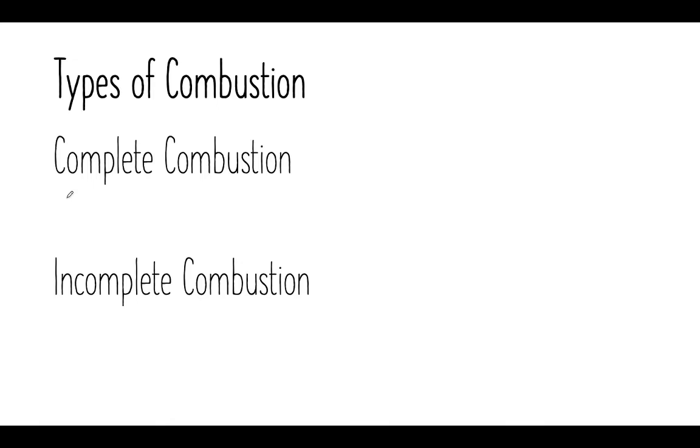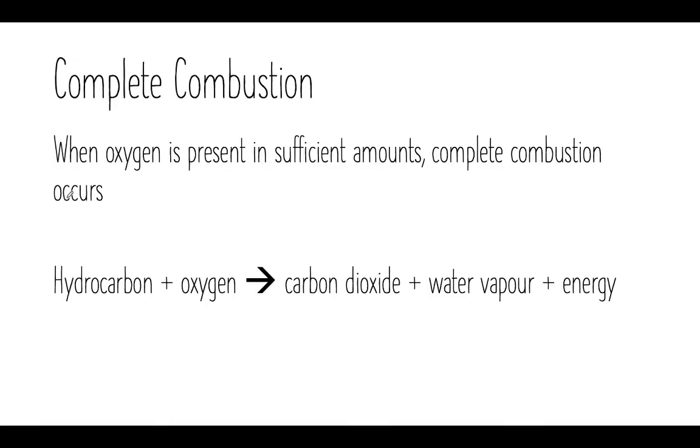But let's start with complete combustion. So even though you have the hydrocarbon and oxygen, in complete combustion, you have a sufficient amount of oxygen, right? You've got enough oxygen, or in other words, it's got excess oxygen available.